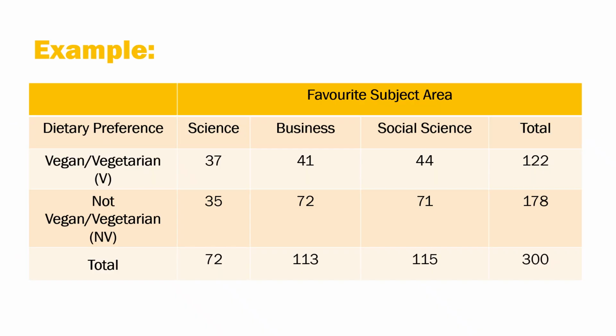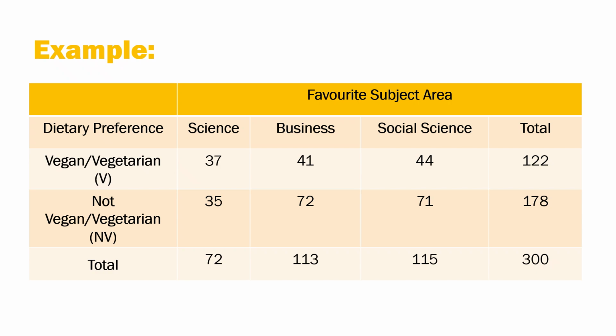So let's do an example. In this example, there was a group of 300 Medicine Hat College students that identified their dietary preference as vegan or vegetarian or not. And then they were asked their favorite subject area, or types of courses they like taking at MHC.